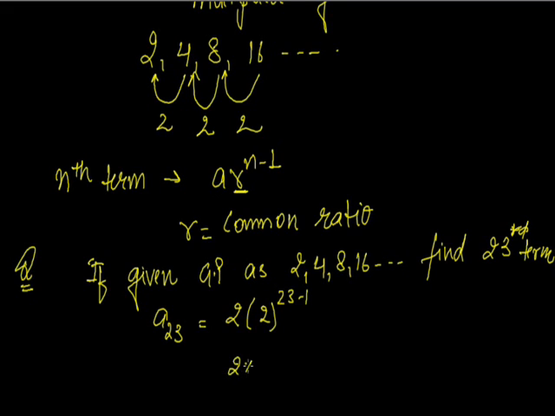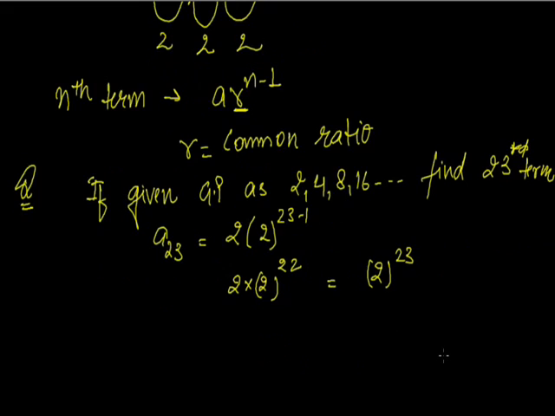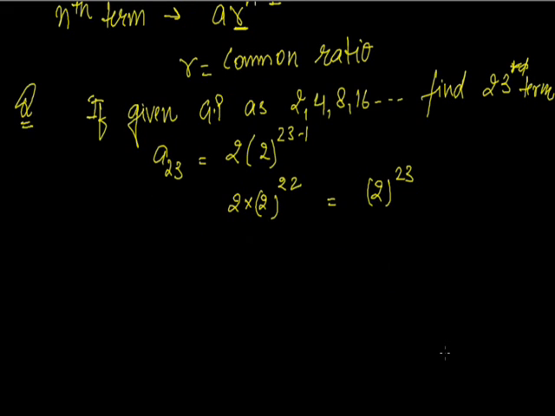So it is 2 into 2 power 22, which will be equal to 2 power 23. So this way we can find out the term. Now in the next lecture I will tell you about the arithmetic mean, geometric mean and harmonic mean, which is the main important topic of IGCSE. So we will read about arithmetic mean, geometric mean and harmonic mean. Thank you.